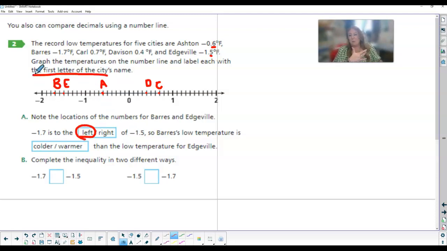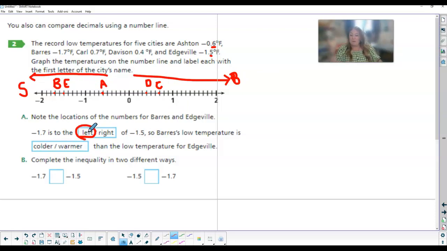Right? And when we're going more to the left, it's getting smaller. And when we go more to the right, it's getting bigger, smaller, bigger every single time. So Bars temperature is actually, right, this way is getting colder, colder, colder as we go to the left, warmer, warmer, warmer as we go to the right.